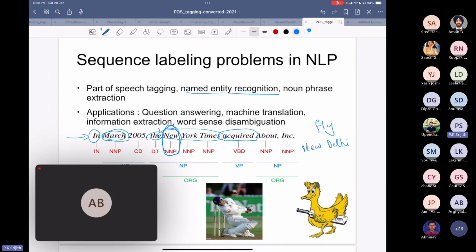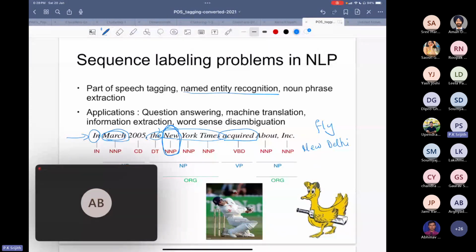So these sequence labeling approaches take into account not only the current word, but also the previous labels that have been assigned. If the previous labels follow some particular order, what could be the current label associated with that word?